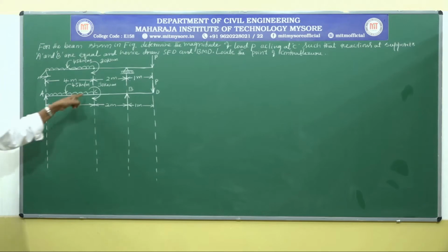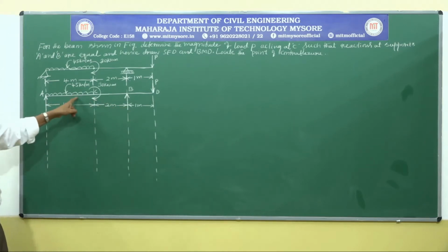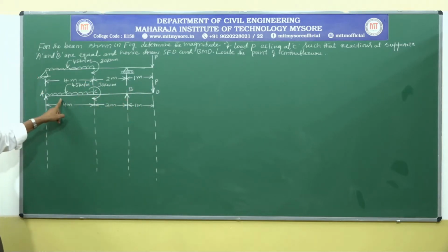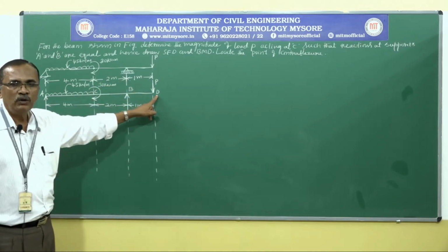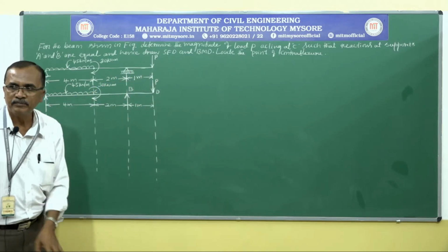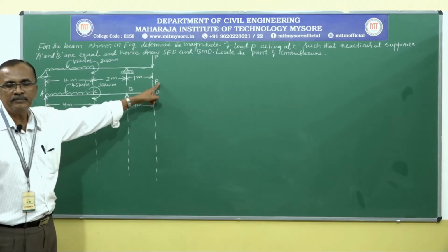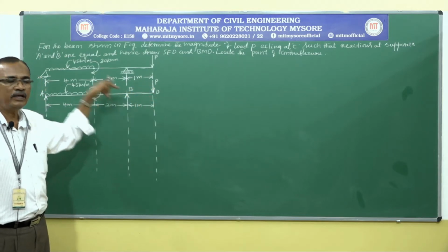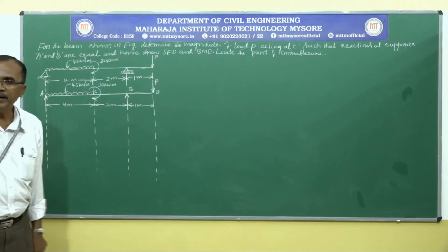The speciality of this problem is that it is a single overhanging beam subjected to a uniformly distributed load, a couple and a point load of unknown magnitude. Firstly, we need to calculate this magnitude of P. Based on this P value, we can draw the shear force and bending moment diagram.